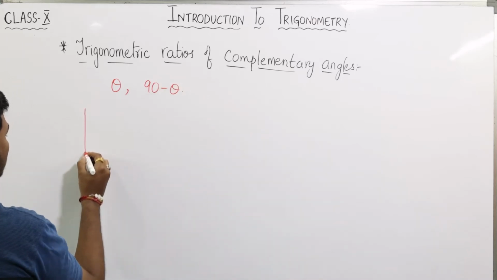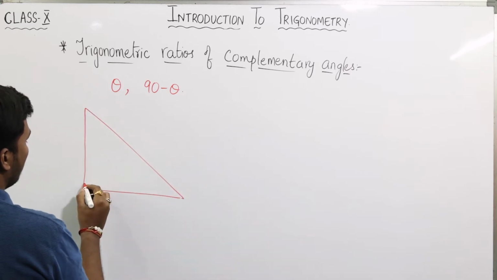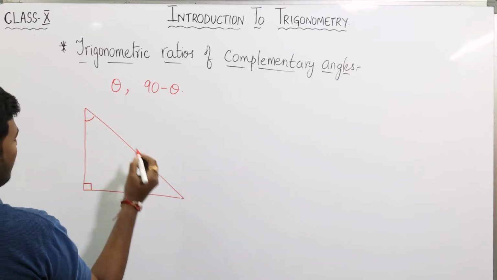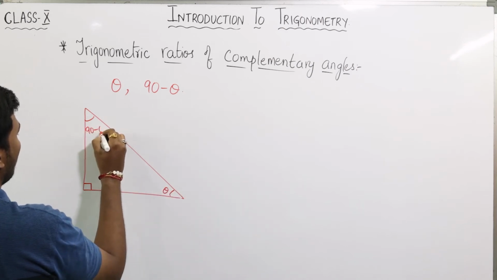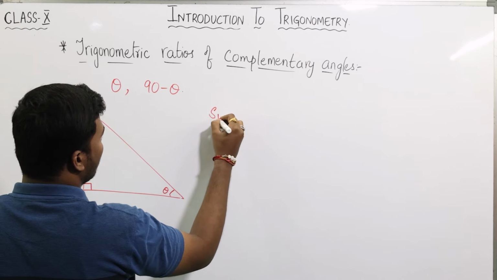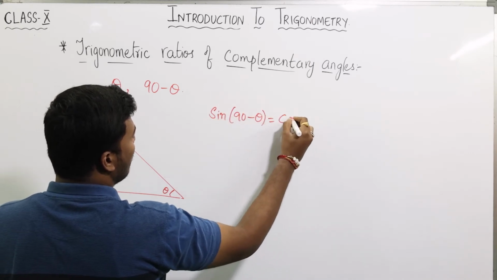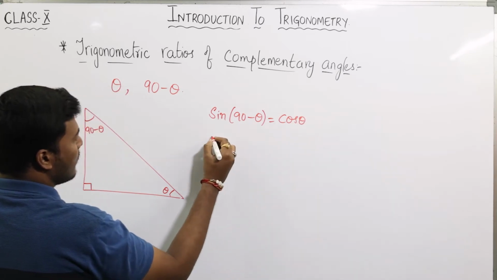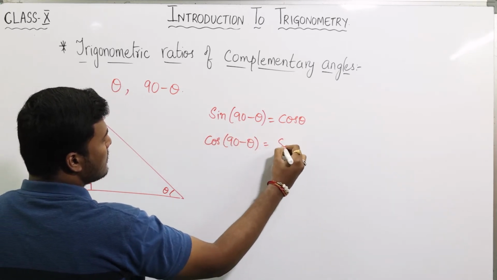Now let us consider a right angle triangle. This is 90 degrees. And if I consider a theta at this point, this will be 90 minus theta. Then we have sine 90 minus theta equals cos theta. Cos 90 minus theta equals sine theta.